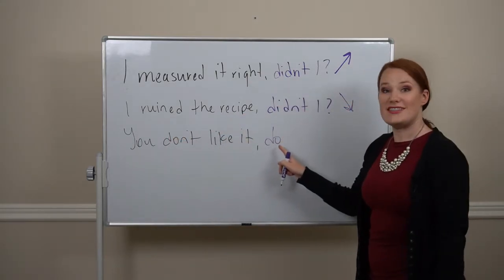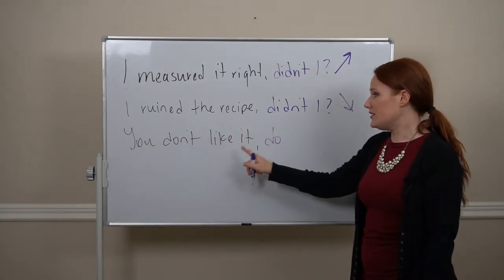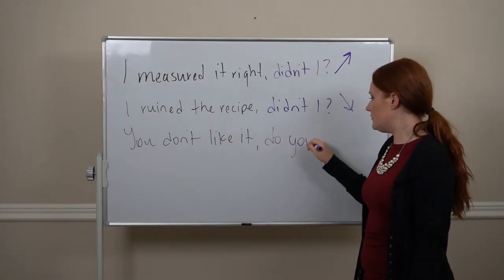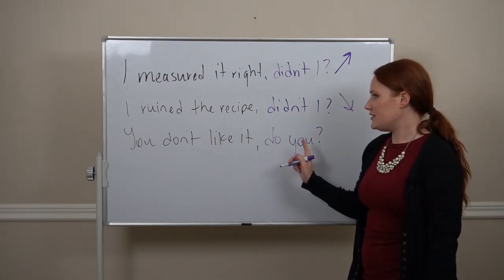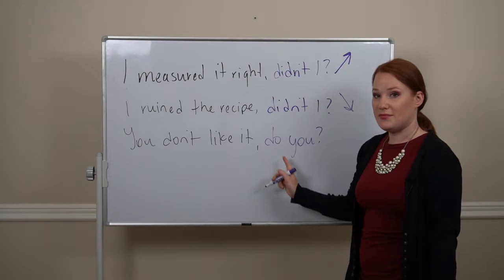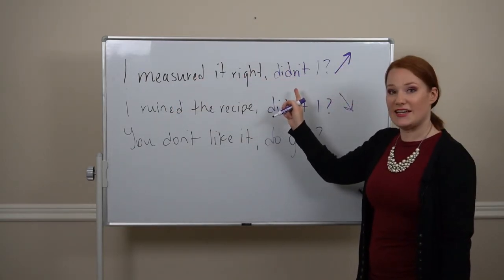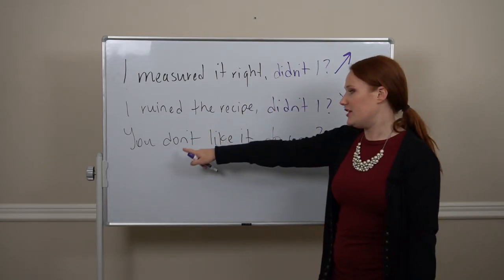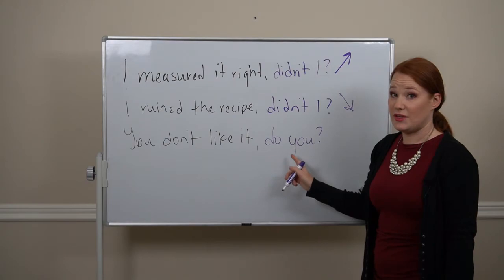So our question tag will be positive. You don't like it, do you? So same subject and the same auxiliary verb, but it's the opposite. If you have an affirmative statement, your question tag is negative. If you have a negative statement, your question tag does not have a negative form in it.